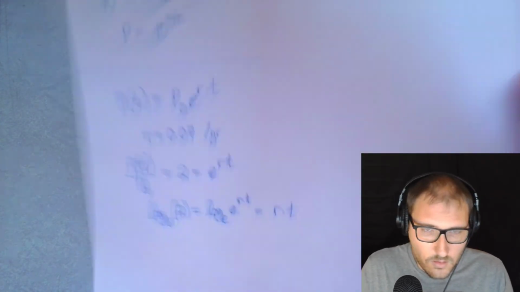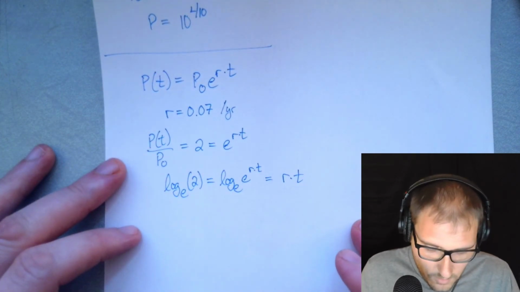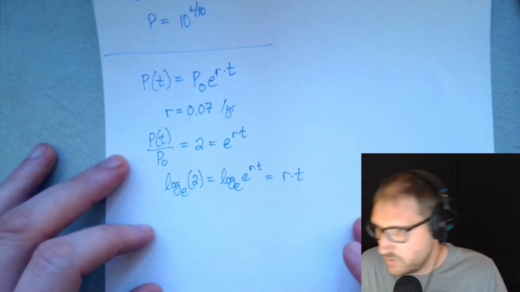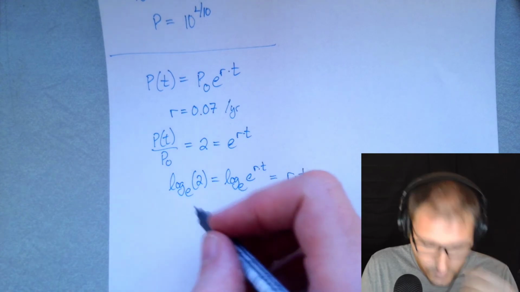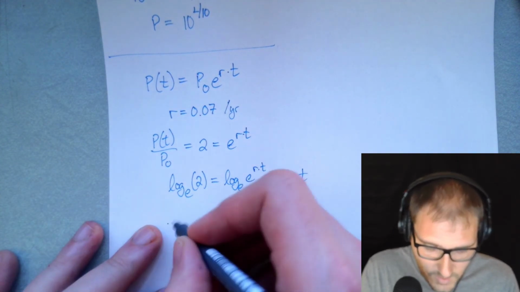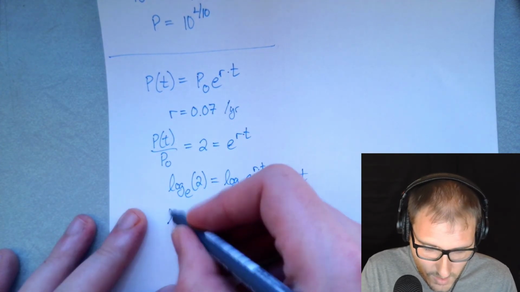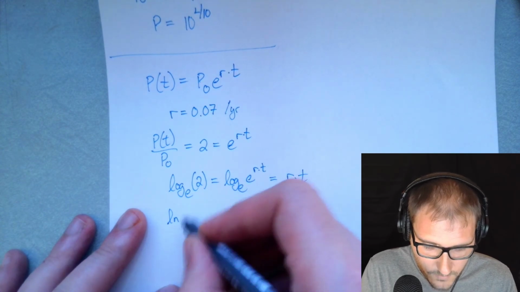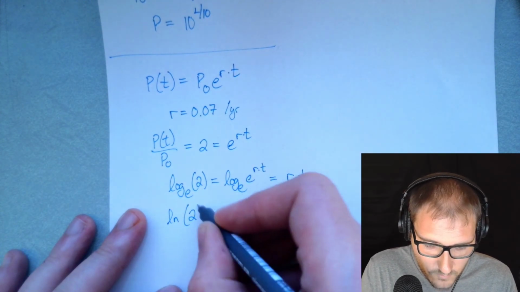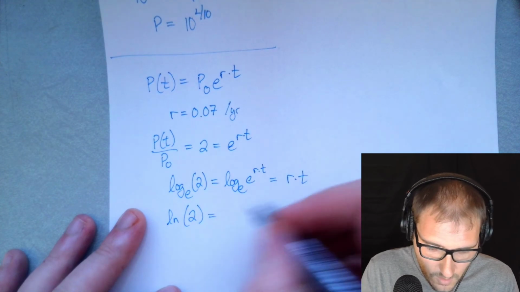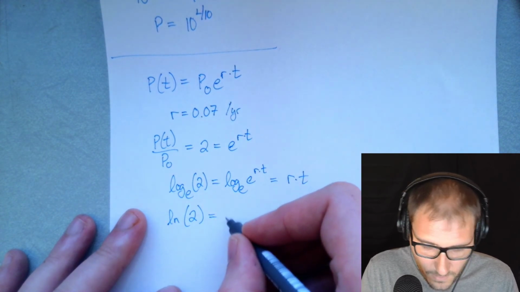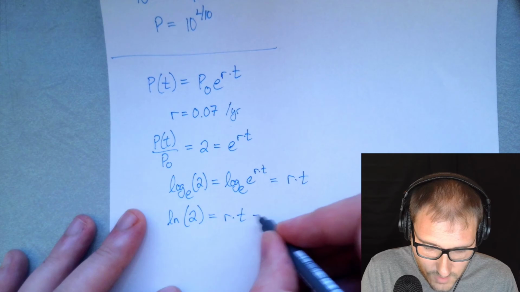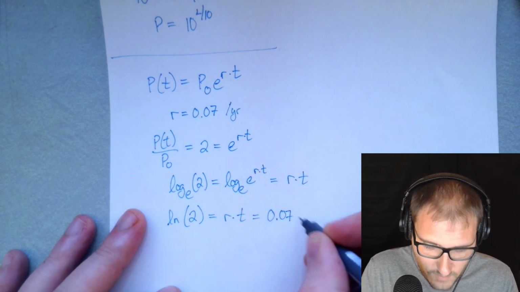And you may, searching the cobwebs in your brain here, know that log base e is frequently written as ln. That's the natural log. So the natural log of 2 is equal to r, my rate, times time, or 0.07 times time.